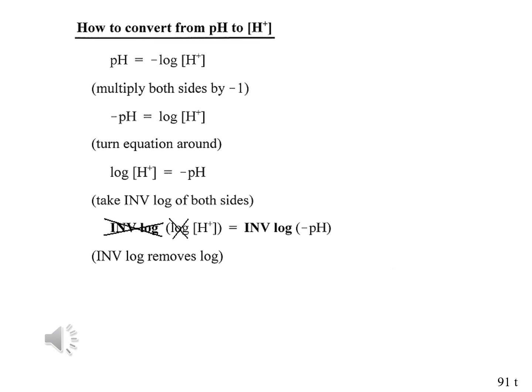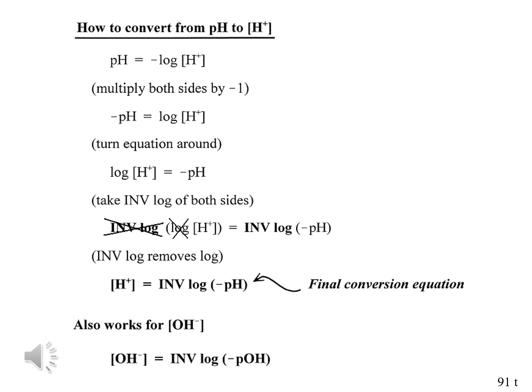If you do this on your calculator, then you'll just have H plus left on the left. And in order to take the inverse log of negative pH, you just put inverse log in your calculator. And the same thing also works for OH. If you want to get the OH from the pOH, you take the inverse log of negative pOH.